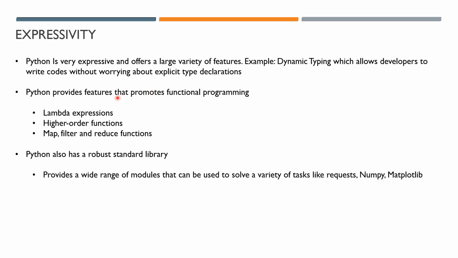And some of the features, Python also promotes functional programming, like the lambda expressions, which is basically a way to give certain functions a standard that they're to be used.